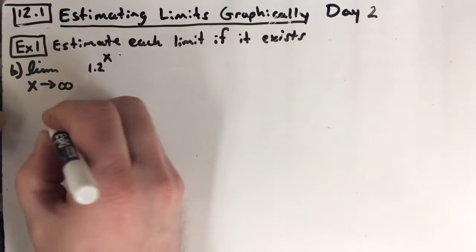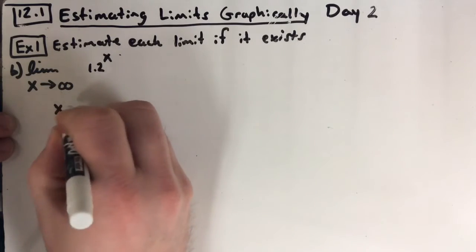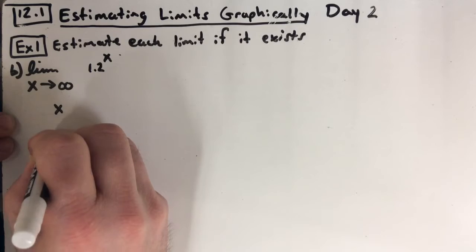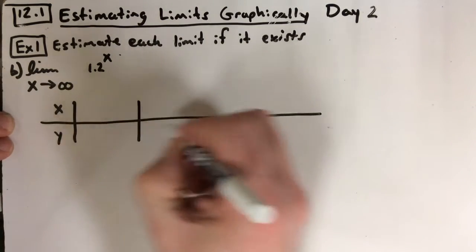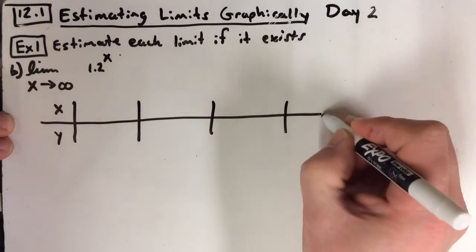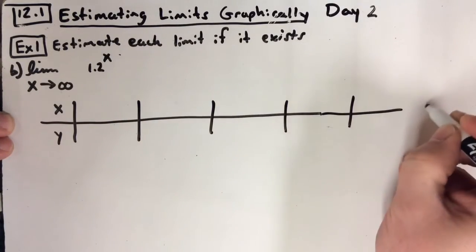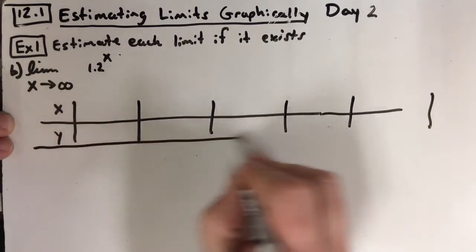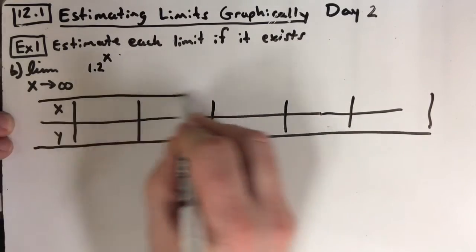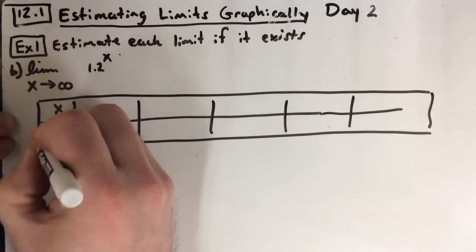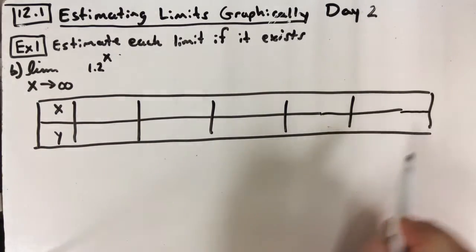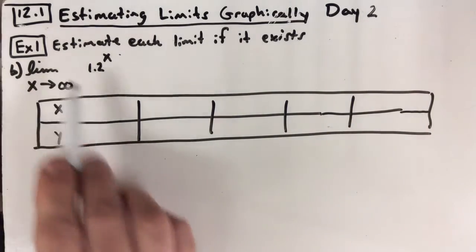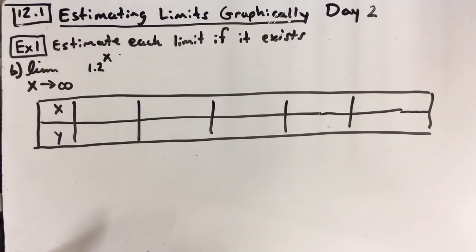So for any of the ones that have infinity or negative infinity in them, what the book does is it puts in a table with 5 values instead of 7. The book always does this for any of the limits where x is approaching infinity or negative infinity.